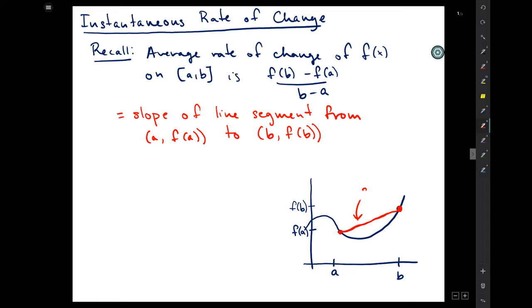So here the slope is the average rate of change, which I'll abbreviate like that.